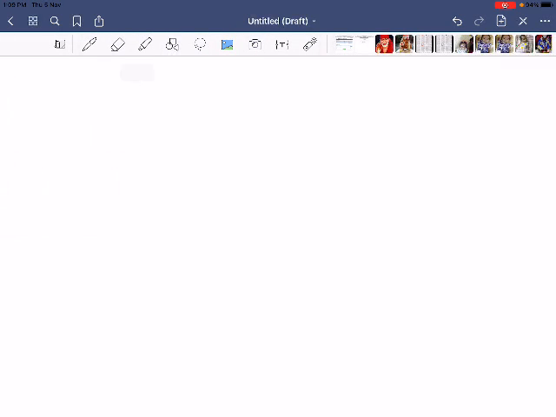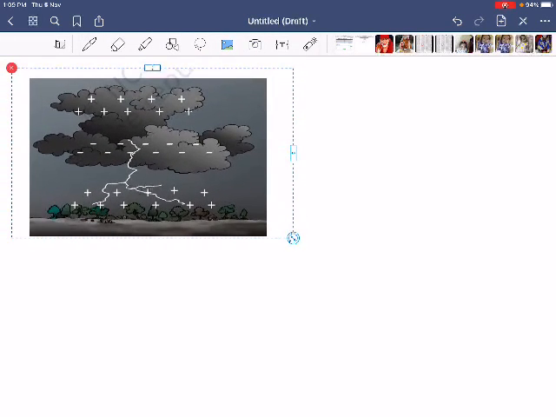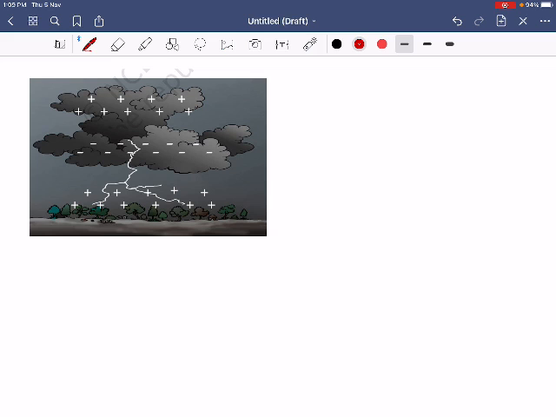Before we know about it, lightning simply means accumulation of charges. So lightning I will write: what is meant by lightning? This is called accumulation of charges.